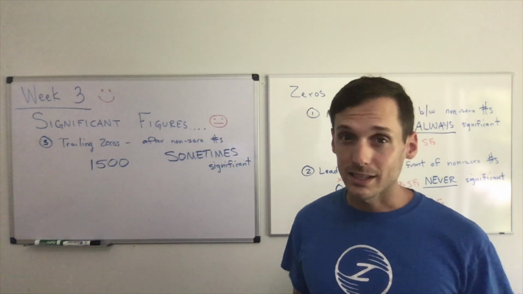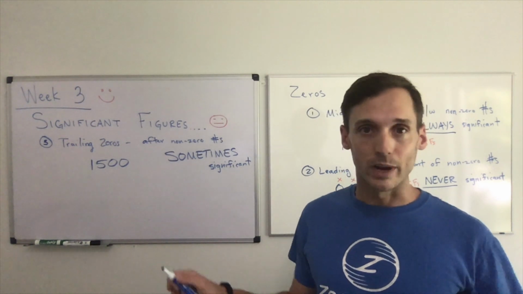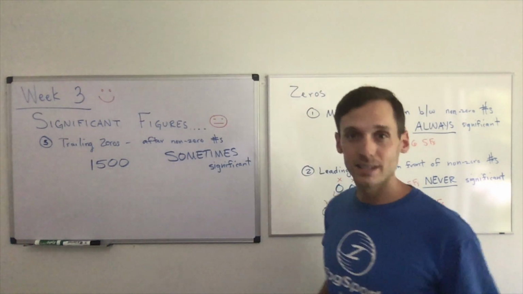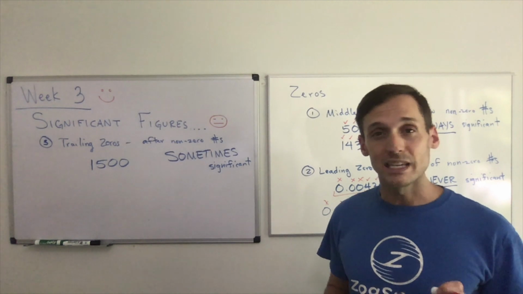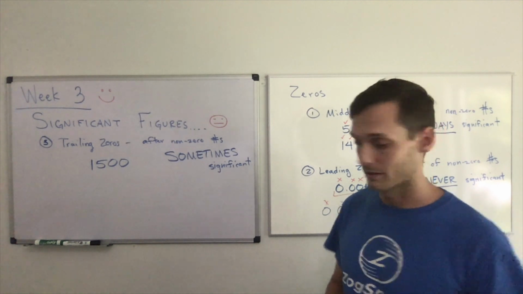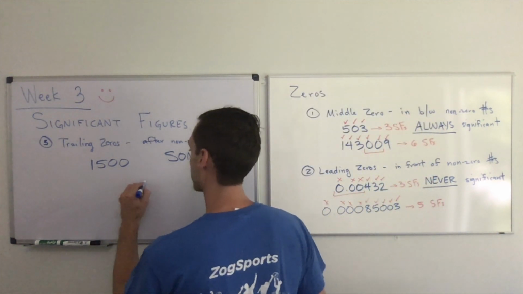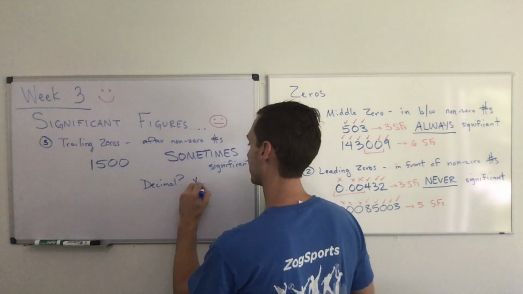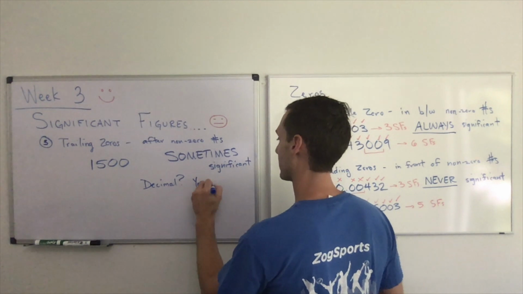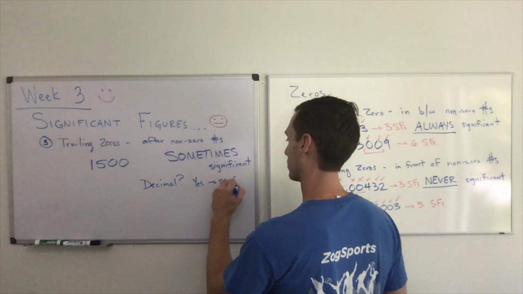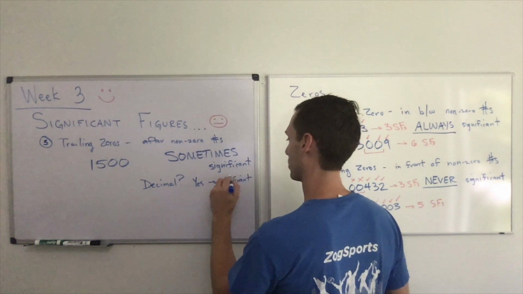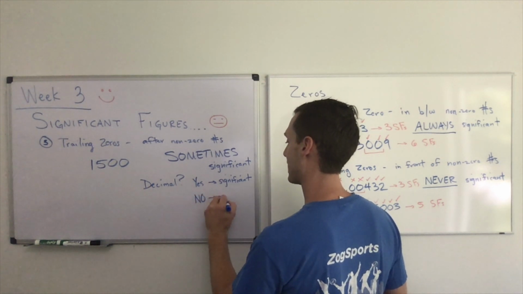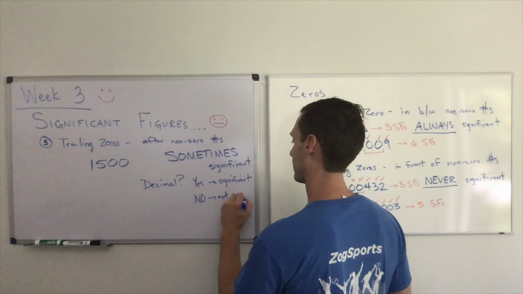If there is a decimal point anywhere in the number, then all of your trailing zeros automatically become significant, okay? So all you have to do is ask yourself, is there a decimal? If the answer is yes, then it's significant. If your answer is no, then your zeros are not significant.